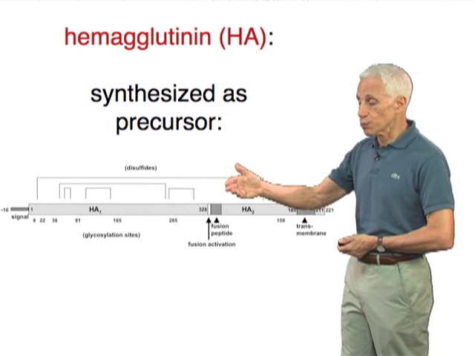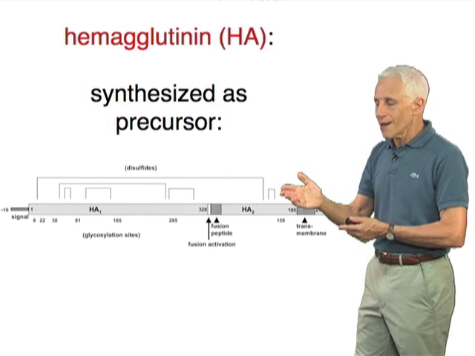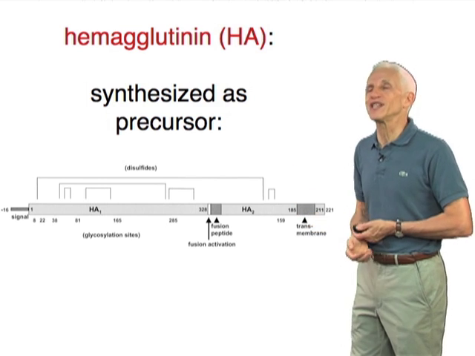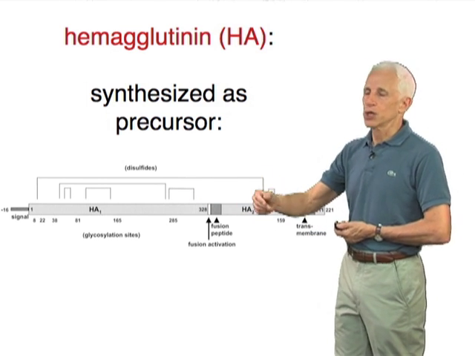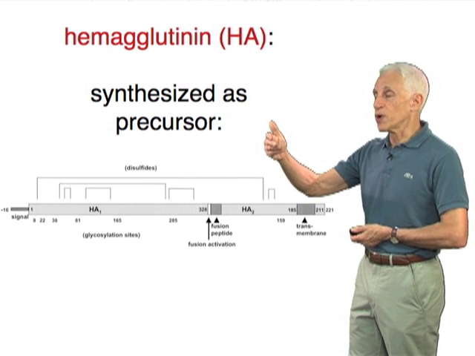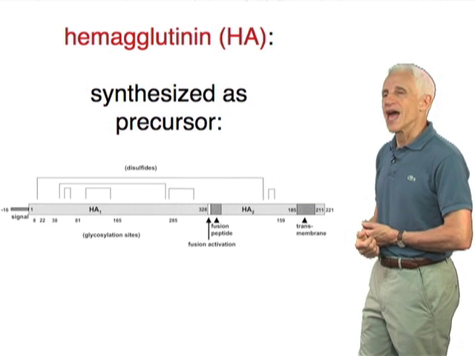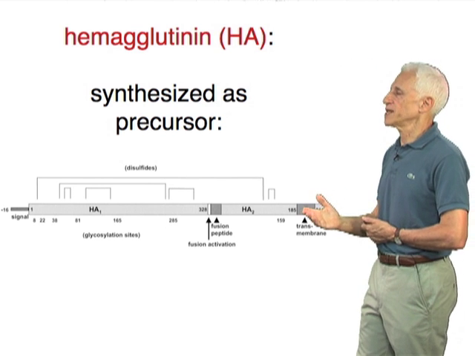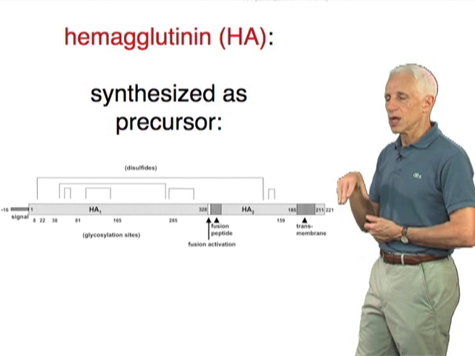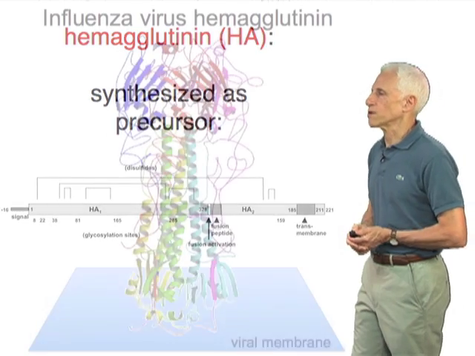It's actually not exposed in the structure, but made N-terminal rather than internal by the cleavage process. It interacts with the target cell membrane and is known as the fusion peptide. And then there is a transmembrane segment very near the C-terminus that anchors the protein in the viral membrane.